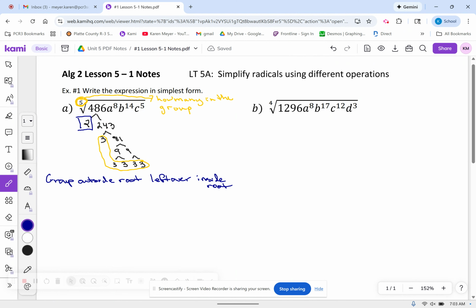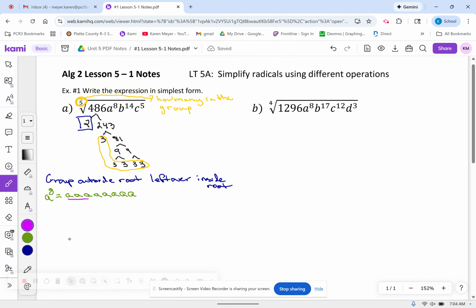But now this problem also contains some variables. So now we need to chat about our variables as well. The first variable we have is a to the 8th power. You want to think, how many sets of 5 can I get out of a to the 8th? I'll draw it out for you. a to the 8th means I have 8 a's: 1, 2, 3, 4, 5, 6, 7, 8. How many sets of 5 can I get?